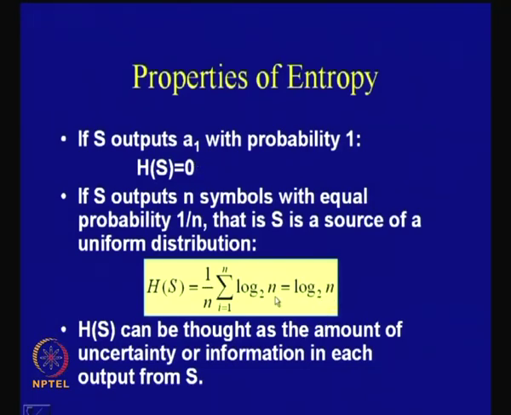If S outputs n symbols, and n is equal to 2 to the power of capital N, then this logarithm works out to be capital N. So there is an uncertainty of capital N bits in the source S. This notion of entropy gives us an idea about uncertainty or information.